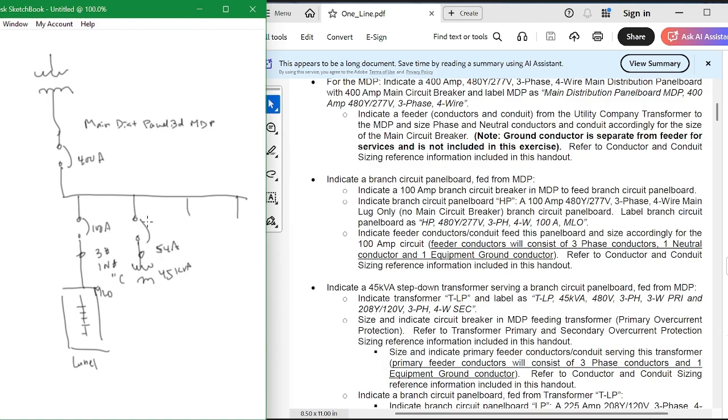This has to be sized a little bit bigger than that, I think about 1.25. I'm not sure of the number, but I think it's times 1.25. That's 67. You got to go to the next biggest one, which is 70. So that's 54 times 1.25, and then you go to the next biggest one, which is a 70.